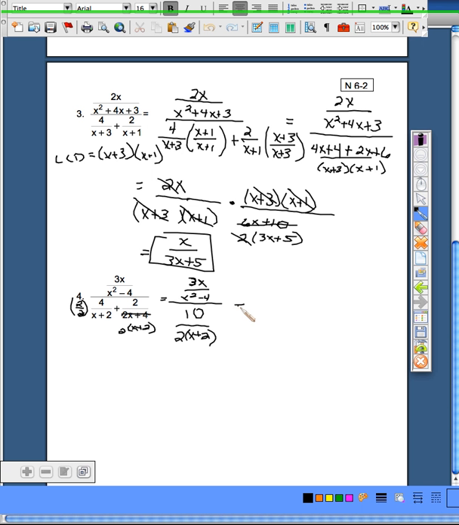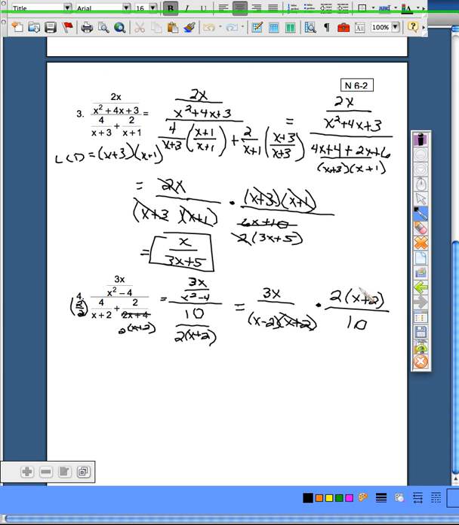Now we're going to have 3x, and we're going to factor that as a difference of squares. That's x minus 2 times x plus 2. We're going to take this second fraction, denominator fraction, and invert it or flip it. So you have 2 times x plus 2 over 10. Now we're going to see what can we cancel.